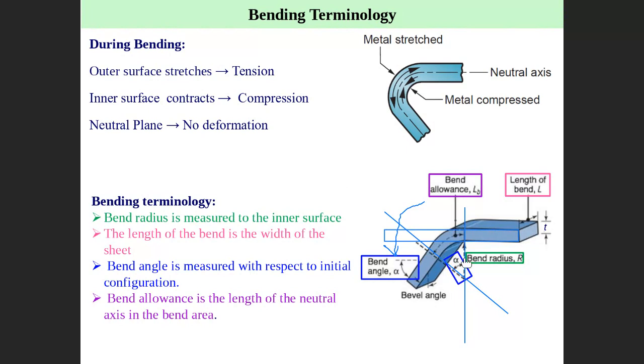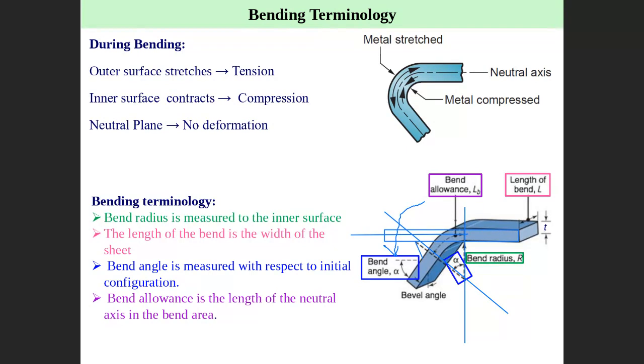This is the bend angle, alpha. Alpha here is the bend angle. The bend angle is like this, and it is exactly the same with a straight line. If you make a straight line like this, this is also alpha. Alpha is here.